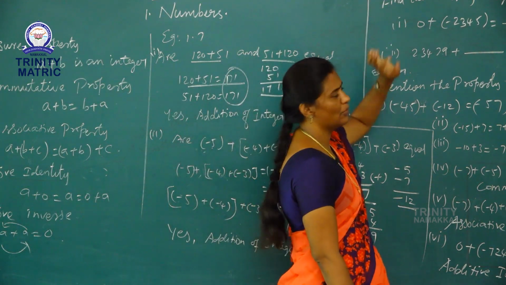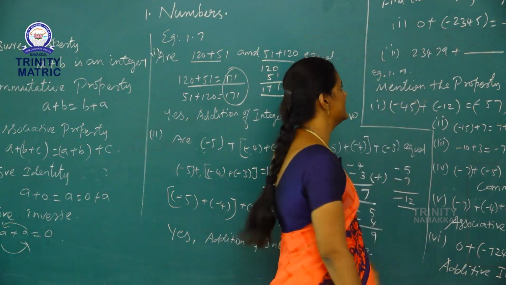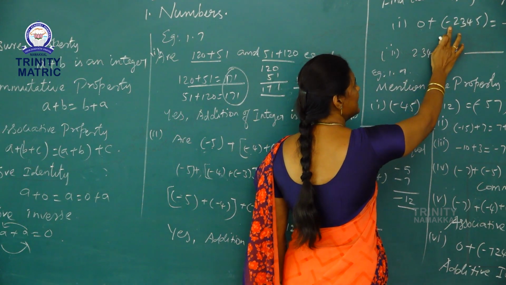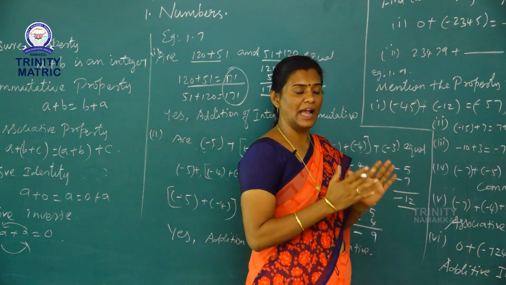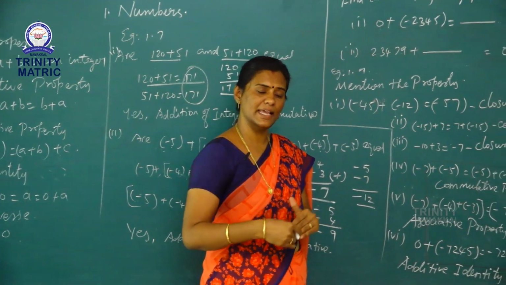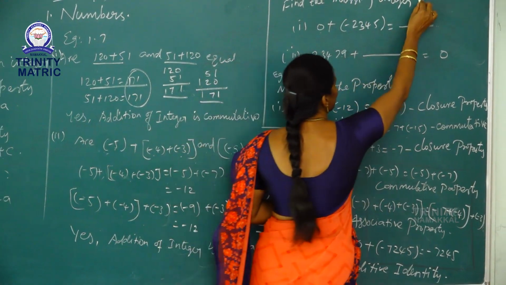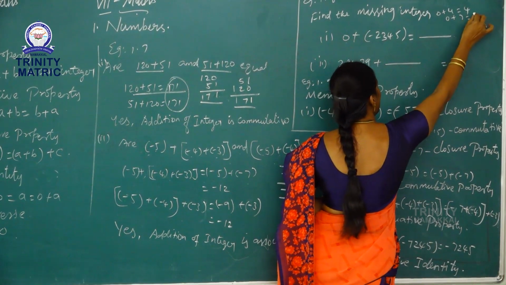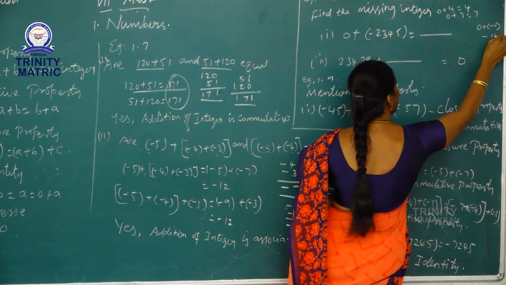Next example 1.8. Find the missing integer. See here, first one is 0 plus minus 2345. When we add 0 to any number, we get the same number. For example, 0 plus 4, the answer is 4. 0 plus 7, the answer is 7. 0 plus minus 10, the answer is minus 10.